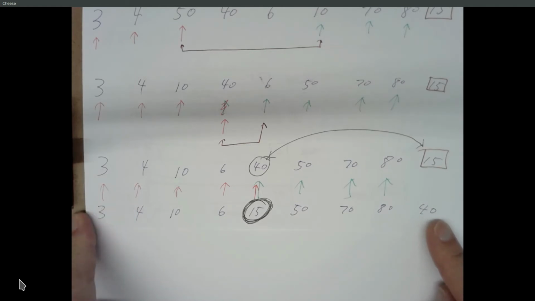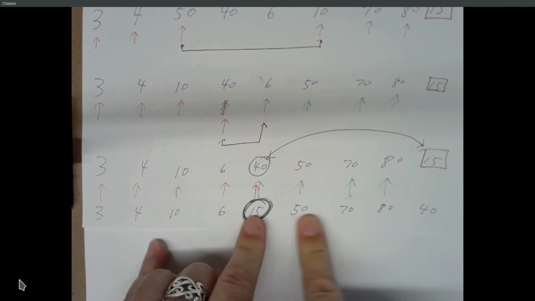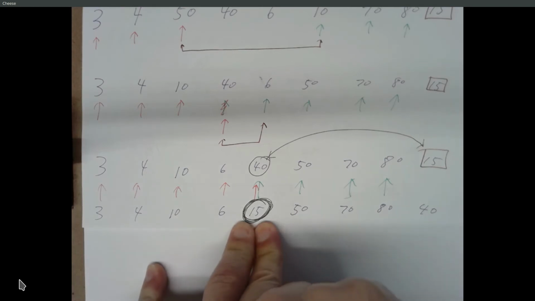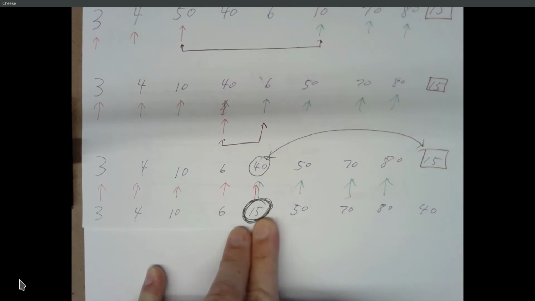When we finally sort the whole array, wherever 15 goes, everything to the left is going to be smaller, everything to the right is going to be bigger, which tells us that 15 is now in the correct spot for the final output. Once everything's sorted, we know 15 is going to be sitting right here in this fifth position.